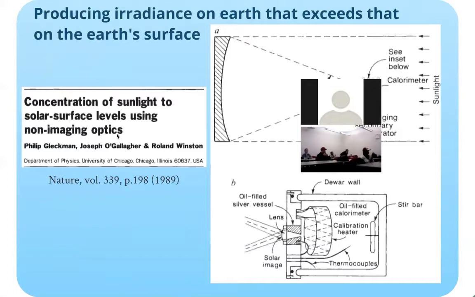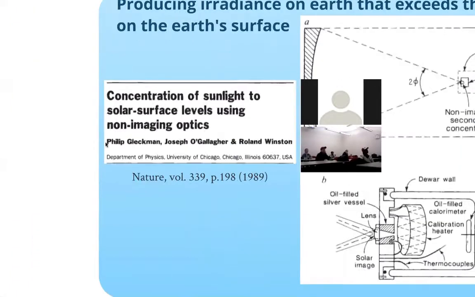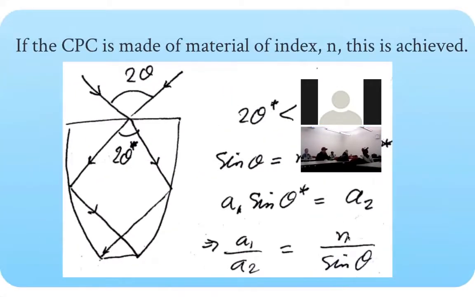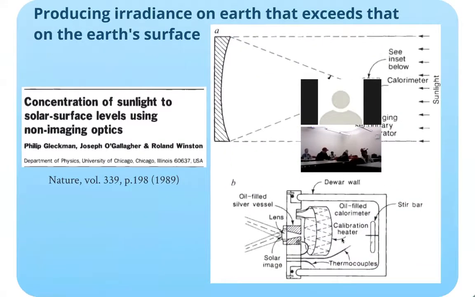In other words, they concentrated the light and heated something up in their receiver. It was not a solar cell, it's just a receiver, a black body, up to a temperature which is higher than the surface of the sun. The way they were able to achieve it was by immersing that object in a refractive index n greater than 1. In their case, it was gallium arsenide, whose refractive index is pretty high, like 3 or 4. So that's a clever idea.